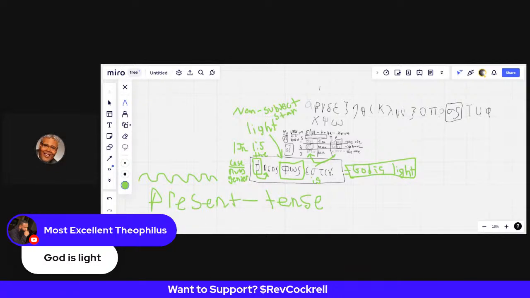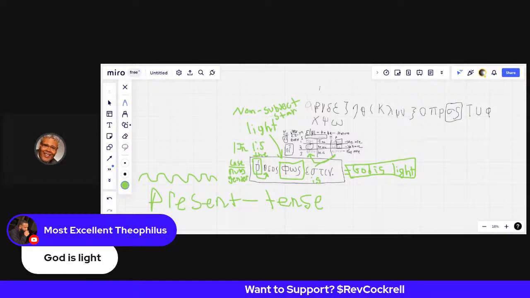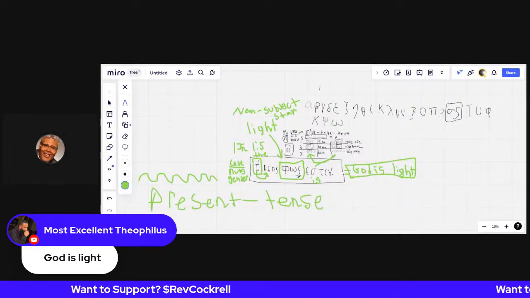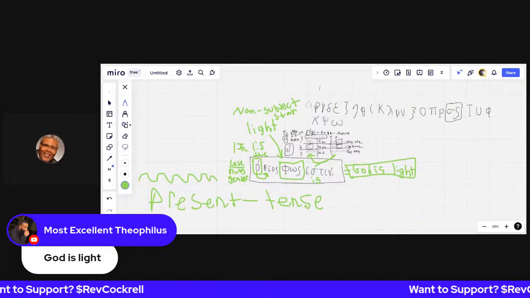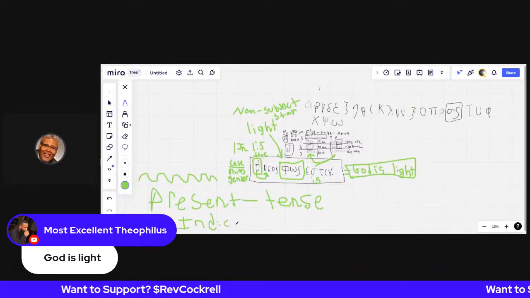Well, technically you won't do voice, because this expresses a state of being. You wouldn't say active voice. It doesn't have a voice. So we'll scratch that. Indicative, which is all we're studying right now.